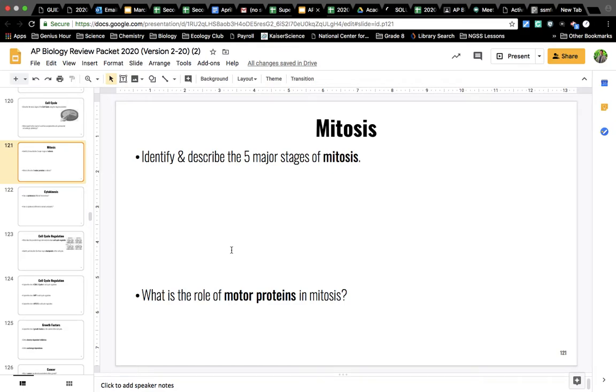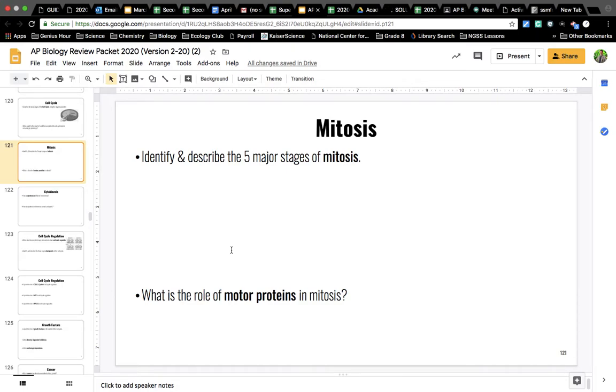And then the next phase, anaphase, the chromosomes start pulling apart and they start moving towards the centrosomes or the centrioles on the opposite poles. And then telophase, the chromosomes are now at each pole of the cell, and they're starting to kind of break down back into chromatin again, and the nuclear envelope is beginning to reform again.